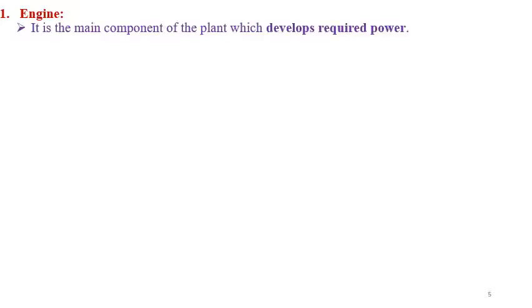Engine. The engine is the main component of the plant which develops the required torque. This is generally directly coupled to the generator, and we know the combustion of diesel fuel and air takes place inside the engine, where chemical energy is converted into mechanical energy.